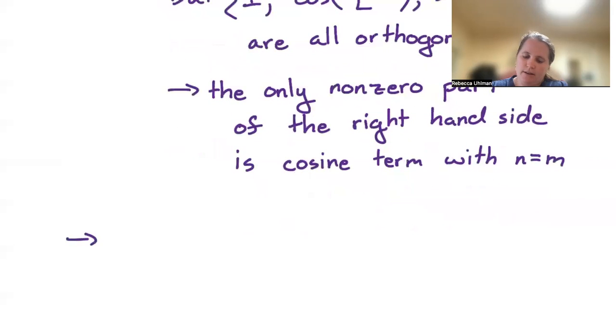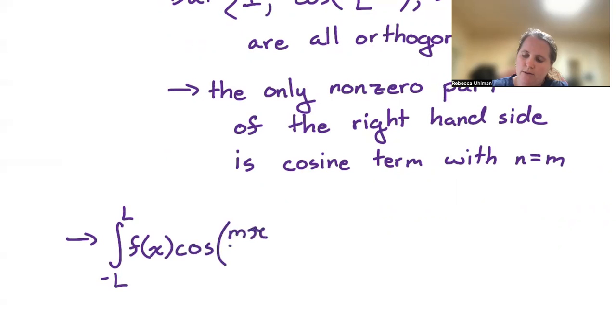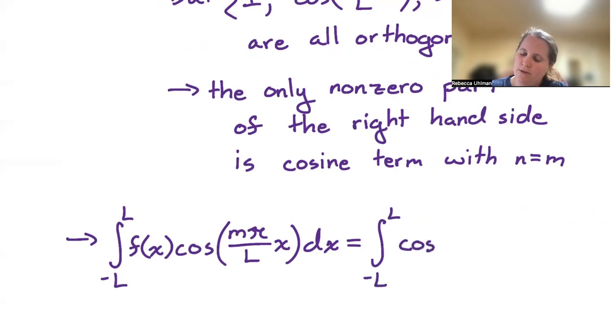So what we then get is that the definite integral from negative L to L of f of x times cosine of m pi over L x dx is equal to the definite integral from negative L to L of a sub m times cosine squared of m pi over L x dx.